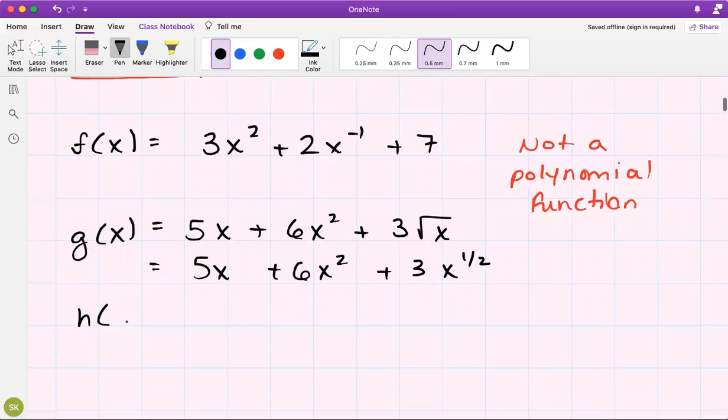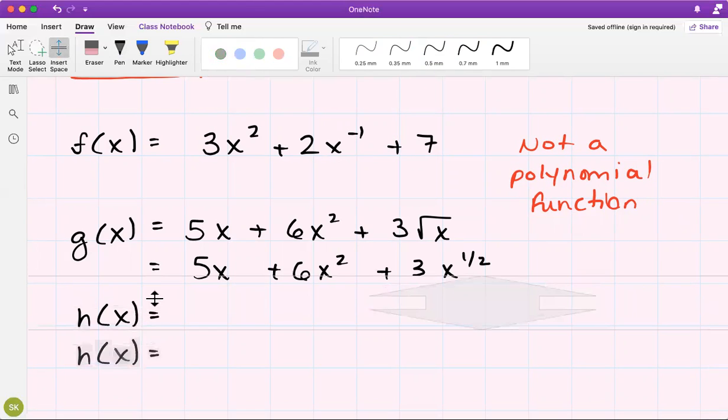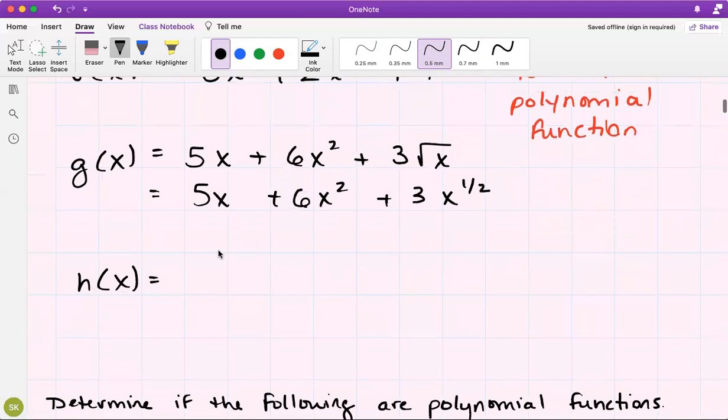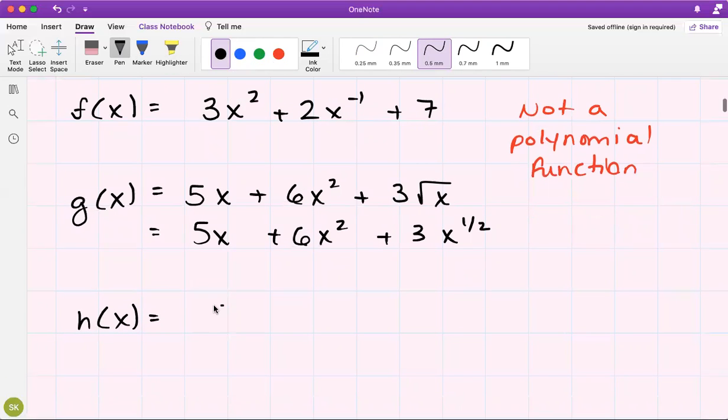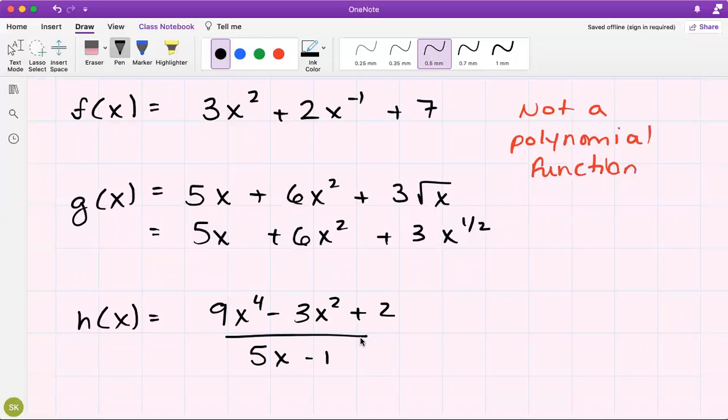Something else you might see is something like, let me put a little space here so we don't get the one above it mixed with this one. Maybe something like 9x to the 4th minus 3x squared plus 2 over 5x minus 1. Here, we don't have a polynomial function. We have something called a rational function, and we're going to learn more about these later, where we have a polynomial function over a polynomial function.